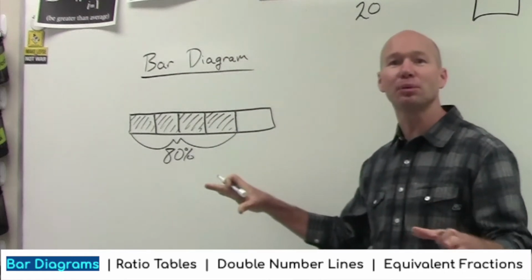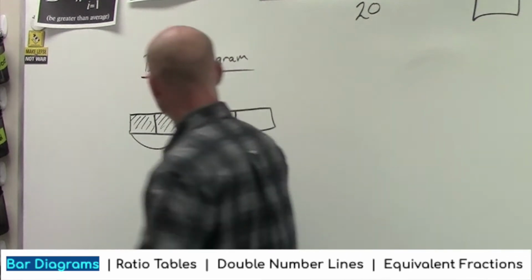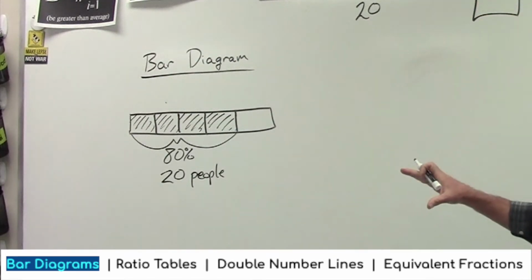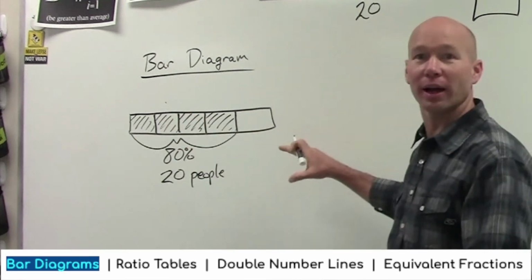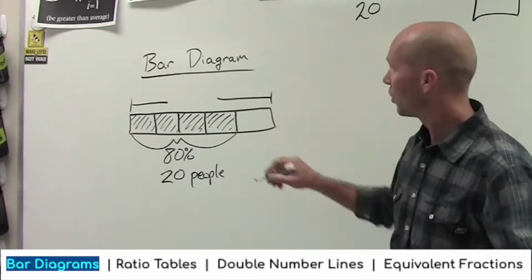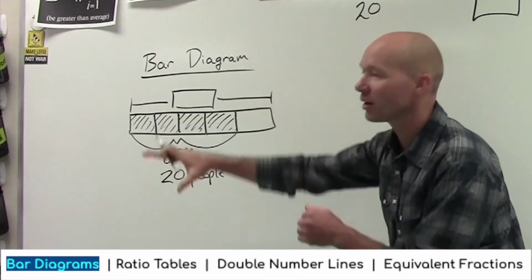And how many people are in that 80%? We've got 20. So what do we need to find out? So 20 people is 80% of our bar diagram. We need to find out what is the whole. How many people are in Yolanda's club in the entire bar?